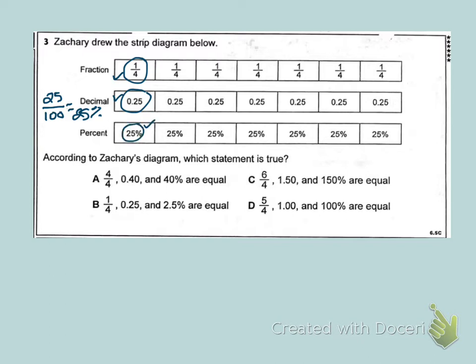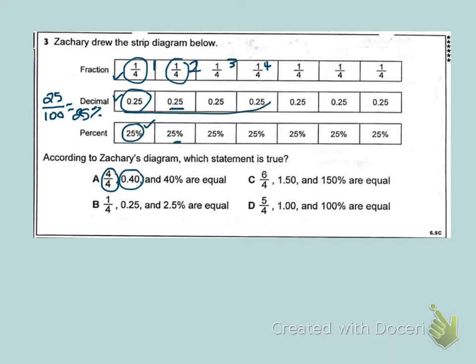So then if I have 2/4, does my decimal and fraction stay the same? So each are represented by the 4th and the 25%. So according to Zachary's diagram, which statement is true? So if you have 4/4, that's 1, 2, 3, 4, 4/4. Is that the same as having 0.4?